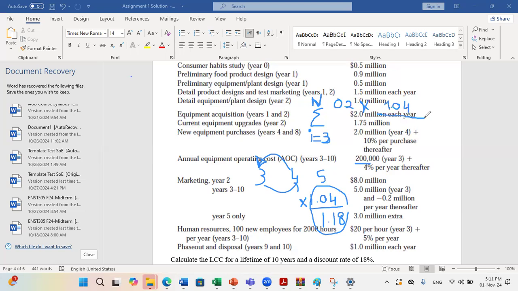Here, because over 1.18 I am assessing it from here, this is my starting point.